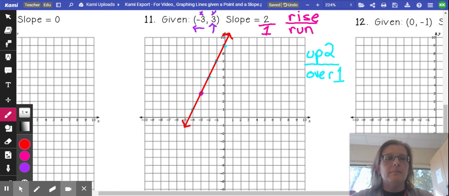So to summarize, when you are given a point and a slope and you are asked to graph the line, first you graph the point that you are given, then you use the slope to find the direction, to find the rise over the run.